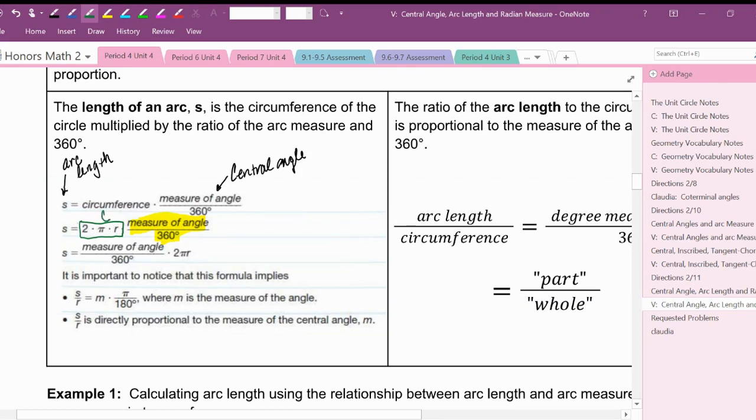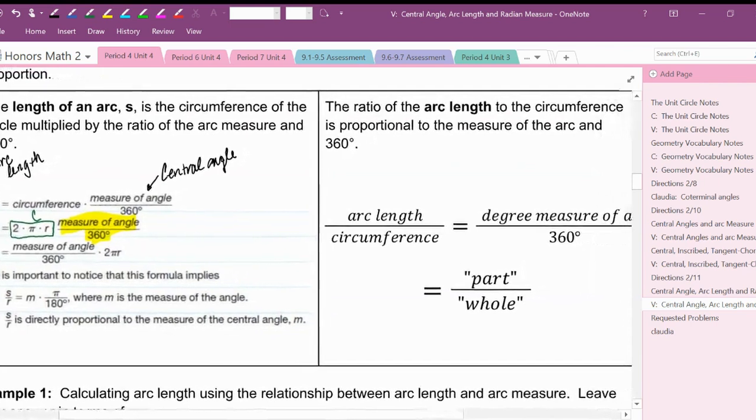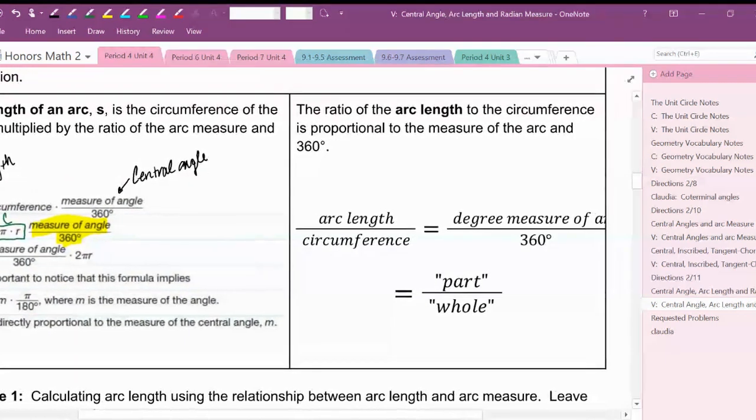And the other way we can look at this relationship is we could set up a proportion. And we just got done working with proportions in similar triangles and in trig ratios. So we can look at the arc length is to the circumference as our central angle measure is to 360.